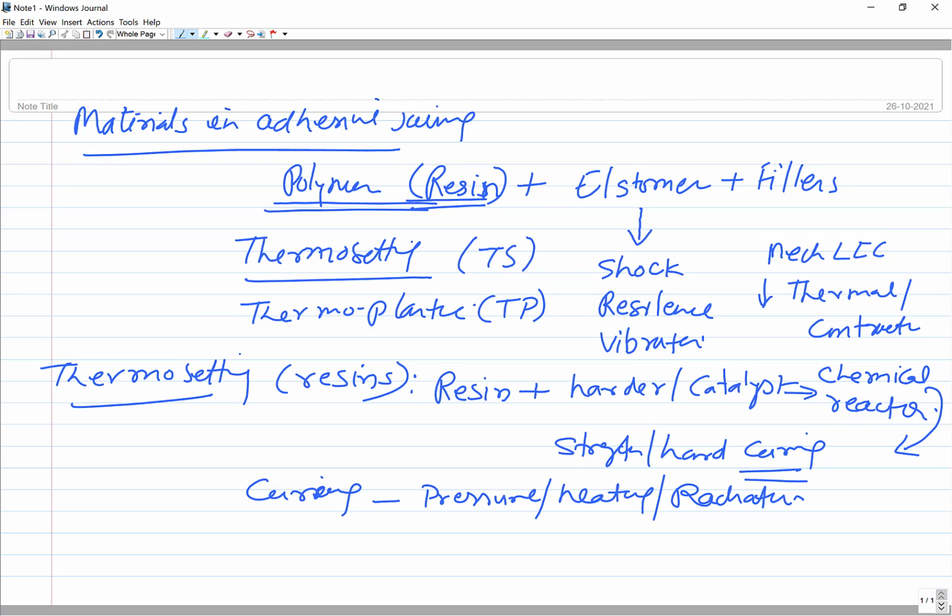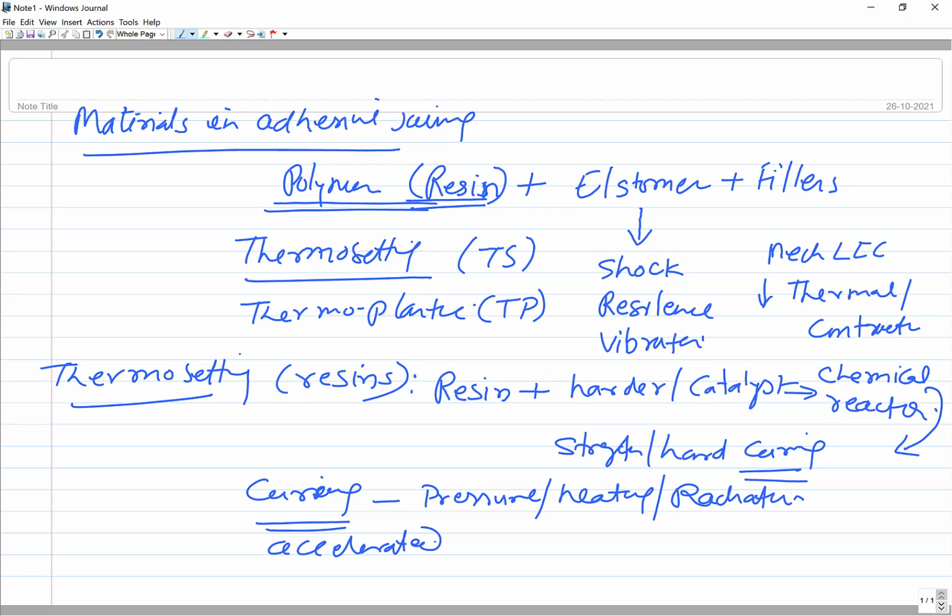So when radiation, heat or pressure is applied, the curing is accelerated. Many times these get cured even at room temperature, but if the curing is done at a little higher temperature of say 50 degrees, 80 degrees, 100 degrees, the time for curing is reduced with the increase of temperature. This is the simple thing.